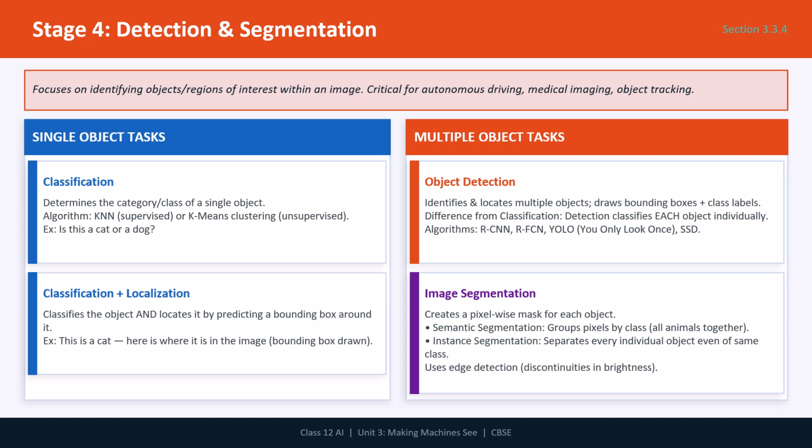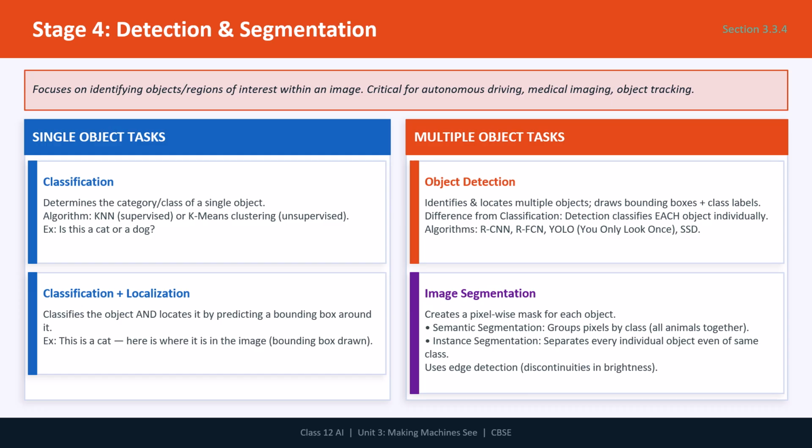Alright, this is stage 4 and it has a few subparts, so stay focused. Detection and segmentation is about finding and identifying objects within an image. It's critical in applications like autonomous driving, medical imaging, and security systems. We split this into two categories: single object tasks and multiple object tasks.